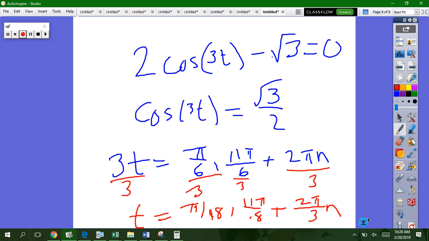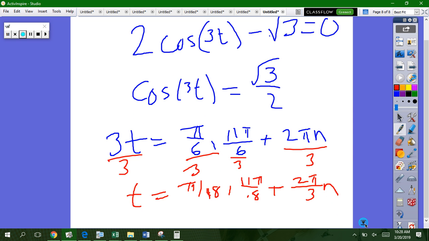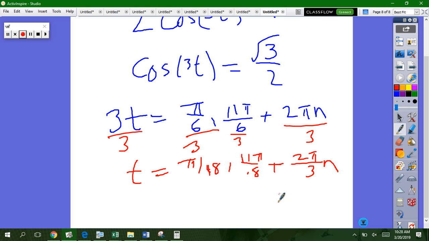Now, in your homework today, they might ask you not to find all the solutions, but just solutions between 0 to 2 pi. This is a solution for every solution out there, correct? What if they only want answers between 0 and 2 pi? What would I have to do? Say it louder, Carson.